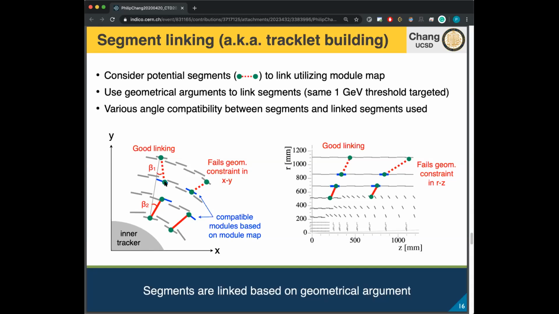I see. Also, the L1 track trigger targets 2 GeV and above, so the tracks are a bit straighter. What we're trying to do here is a general purpose algorithm, targeting down to 1 GeV, potentially first for offline reconstruction, and whether or not it'll also be useful online is something we have to study.